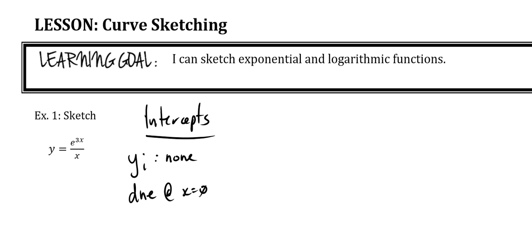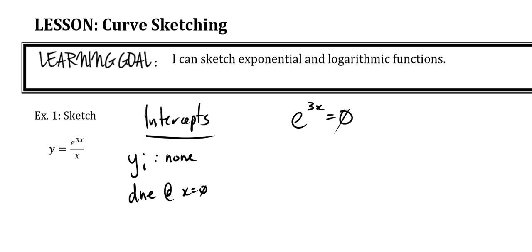What about an x-intercept? An x-intercept occurs when you set y equal to 0, and when y is 0, the numerator is going to be 0. So e to the 3x equals 0. What do you think about that? This is where we can use our understanding of that graph. What does that graph look like?